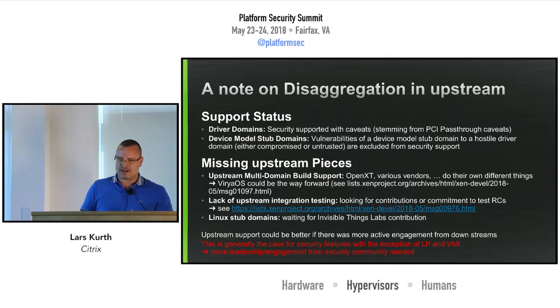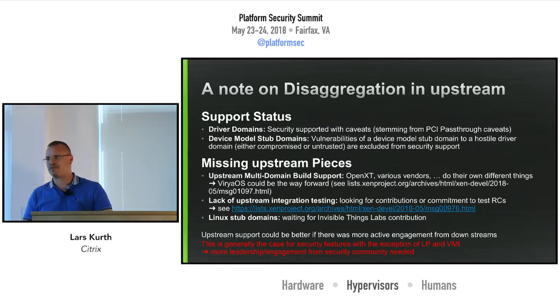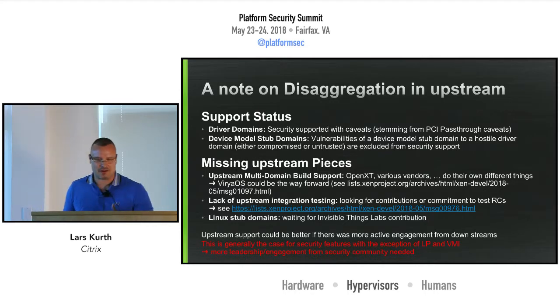Now, I've been working with some of the vendors in the community. For example, Invisible Things Lab, who do QubesOS, they're committed to upstreaming some tests which help them with their own product. That's what that link to that thread is.